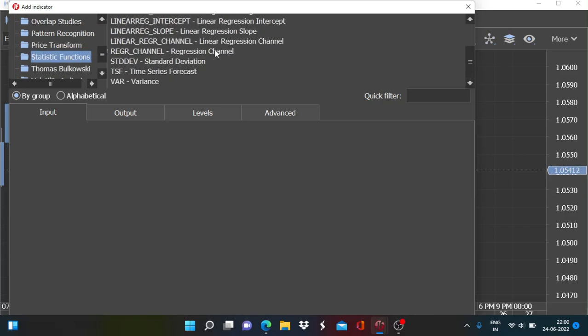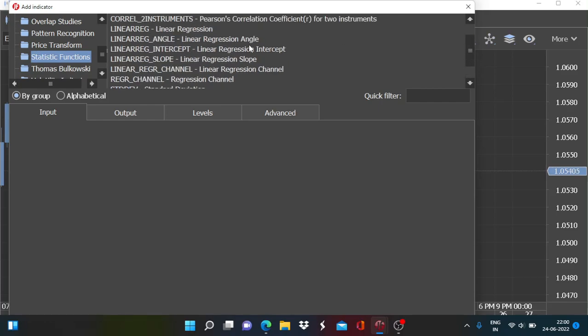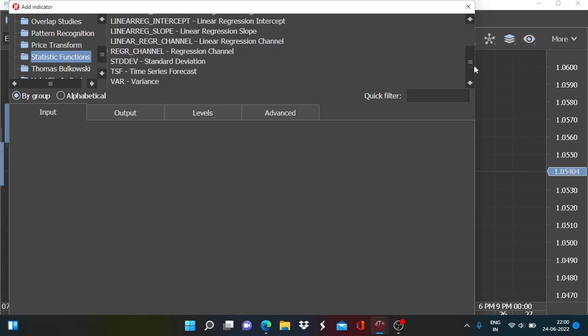Statistics functions, those who have done statistical studies in their undergraduate or even the matriculate level, must be familiar with these various names listed here. And even if you are not, don't worry, we will be going through these indicators in such a way that it will make no difference if you have studied statistics earlier or not.